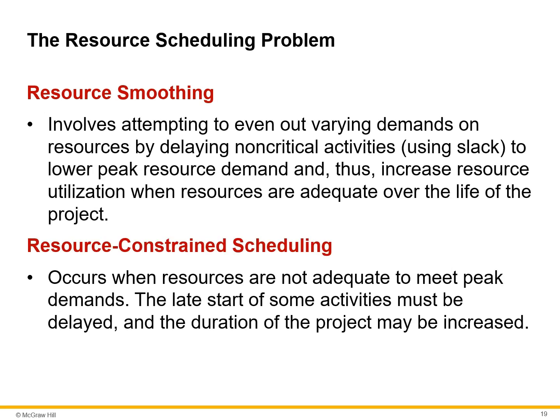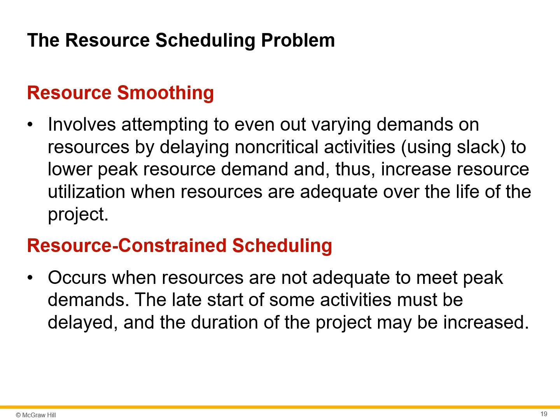If resources are adequate, but the demand varies widely over the life of the project, it may be desirable to even out resource demand by delaying non-critical activities to lower peak demand and thus increase resource utilization. This process is called resource smoothing.